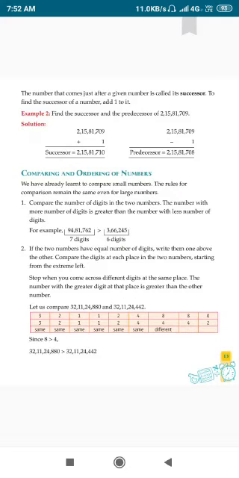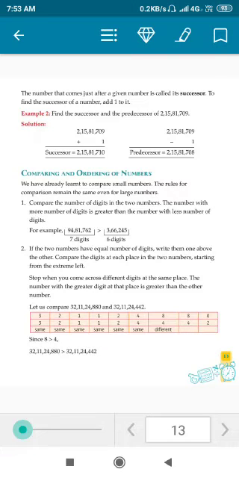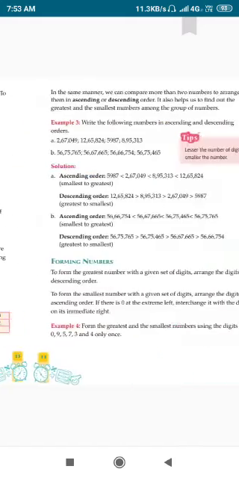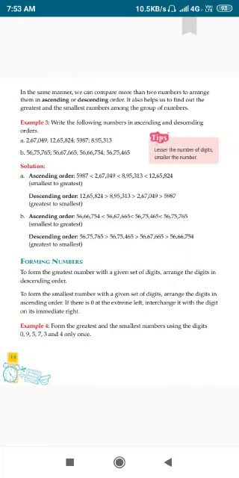In the thousands period, the ten thousands place 2 is the same, and thousands place 4 is also the same. At last, the hundreds place is different: here it is 8 and 4. Since 8 is greater than 4, the upper number is greater than the lower number. So this is the comparing and ordering of numbers.